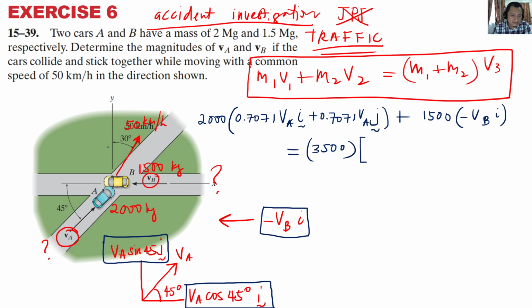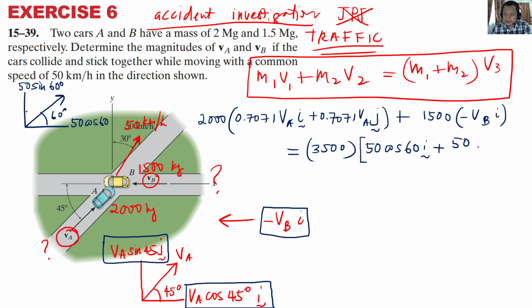This vector is like this, 30 degrees there, so 60 degrees here. So 50 cos 60 i plus 50 sin 60 j.